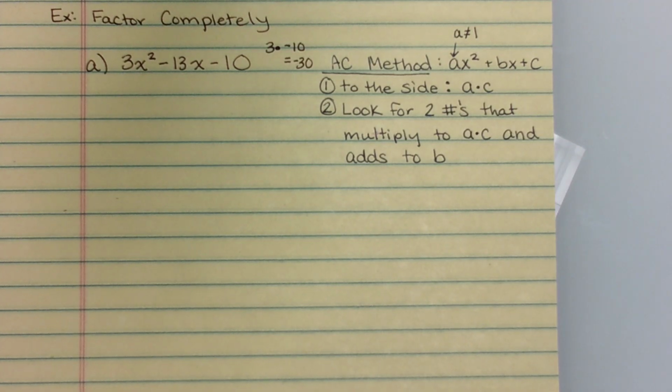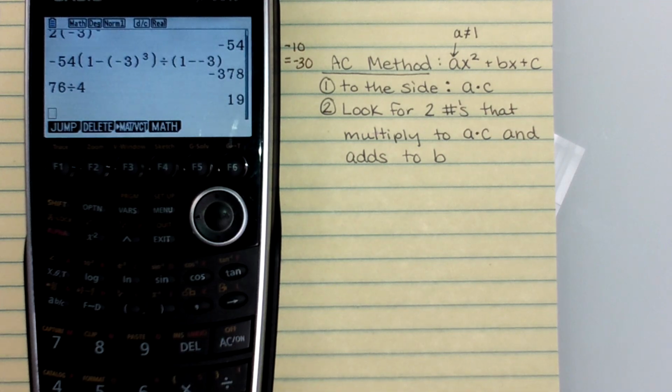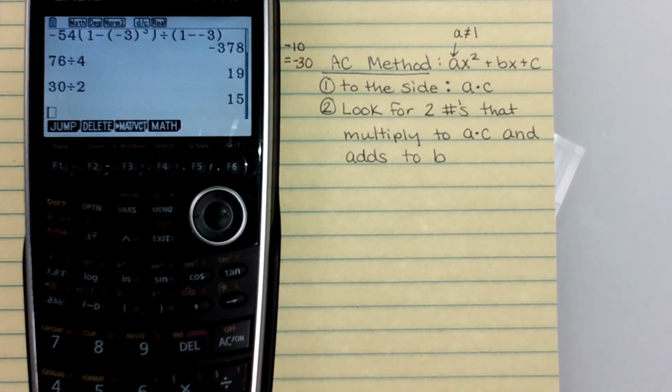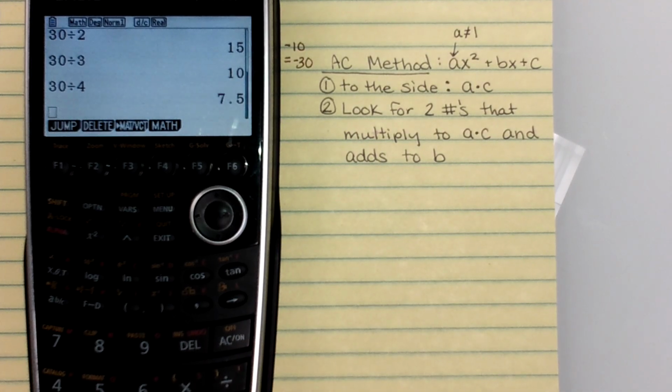If you do not know your multiples well, you can always just start listing 1 times what, 2 times what, 3 times what. If you do not know what multiplied by, for example, 2, you should know what 1 times what gives you 30. But let's say you don't know what times 2 equals 30. You got a calculator for a reason. Start dividing. 30 is 2 times 15. 30 is 3 times 10. 30 is 4 times... Nothing that we care about.